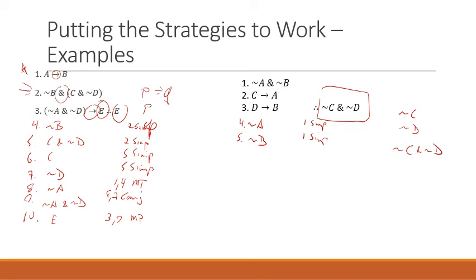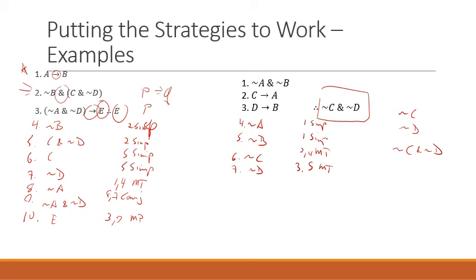So with not A, I'm going to use that along with the conditional in line 2 to get not C. So that's going to be through modus tollens. And similarly, I'm going to get not D by using not B and the conditional in line 3, so 3 and 5 modus tollens.